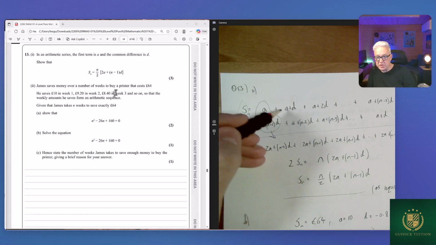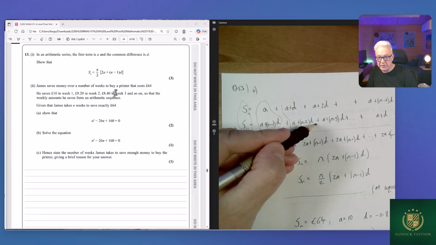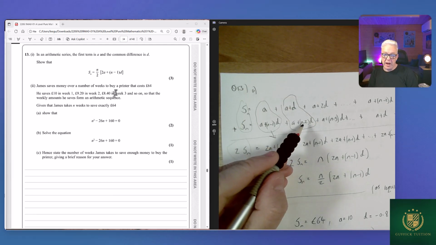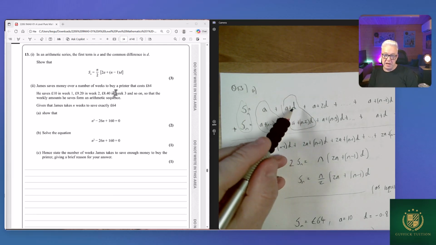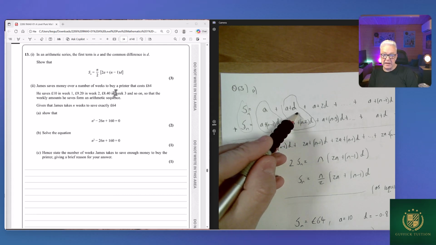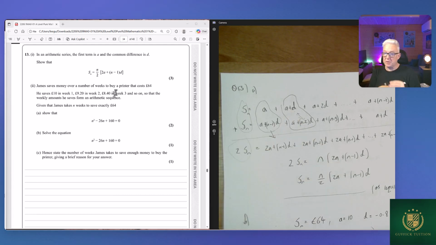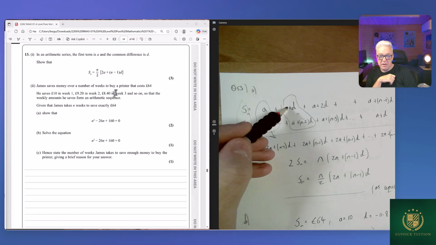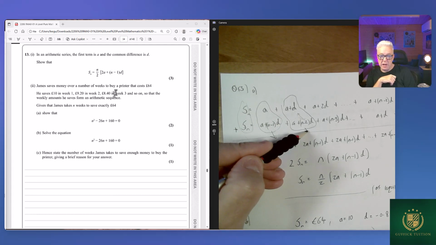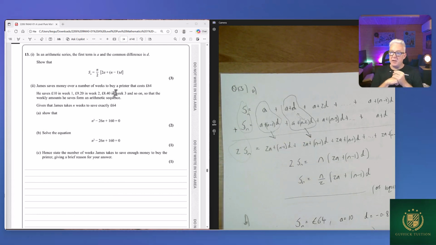Sometimes students find this a little bit conceptually difficult: if you've got n minus 2 times d and you add d to it, that gives you n minus 1 times d. But if you expand the bracket and collect like terms, you can soon see that is what happens. So when you add this term and this term together, lo and behold, you get another 2a plus n minus 1 times d.